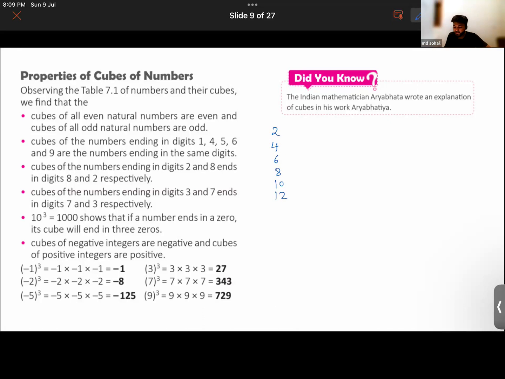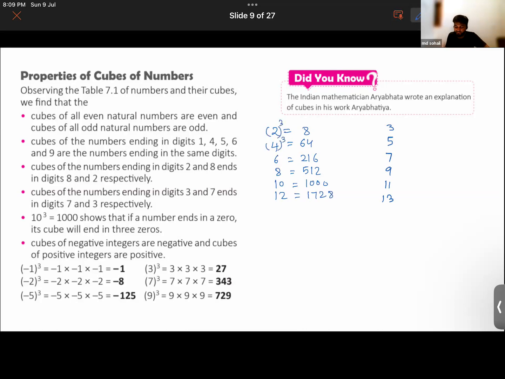Then take odd natural numbers like 3, 5, 7, 9, 11, and 13. Let's write their cubes. For the even numbers, it's going to be 8, 64, 216, 512, 1000, and 1728.